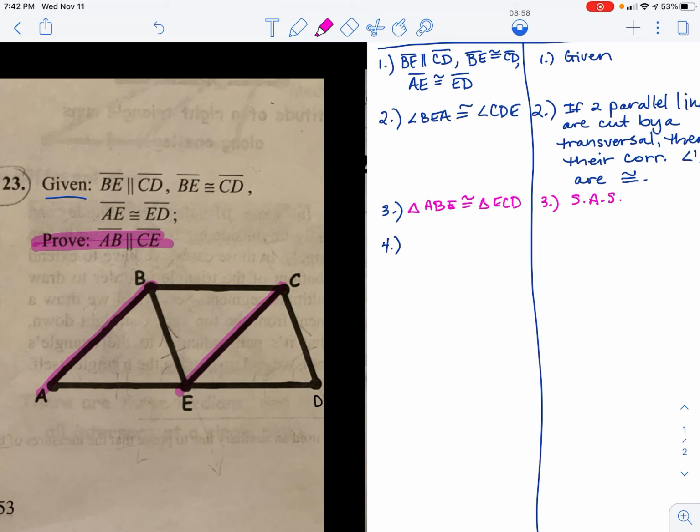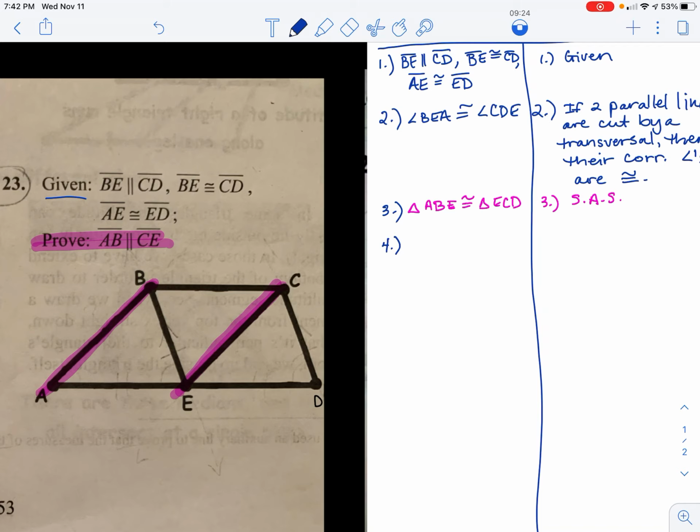So we don't need those marked there. But based on those lines, keep in mind that those triangles are also congruent. So we know all their corresponding parts are going to be congruent. How can I use those lines that we're trying to prove parallel? Would there be any other corresponding parts that I could mark congruent? Well, actually, yes, there are.